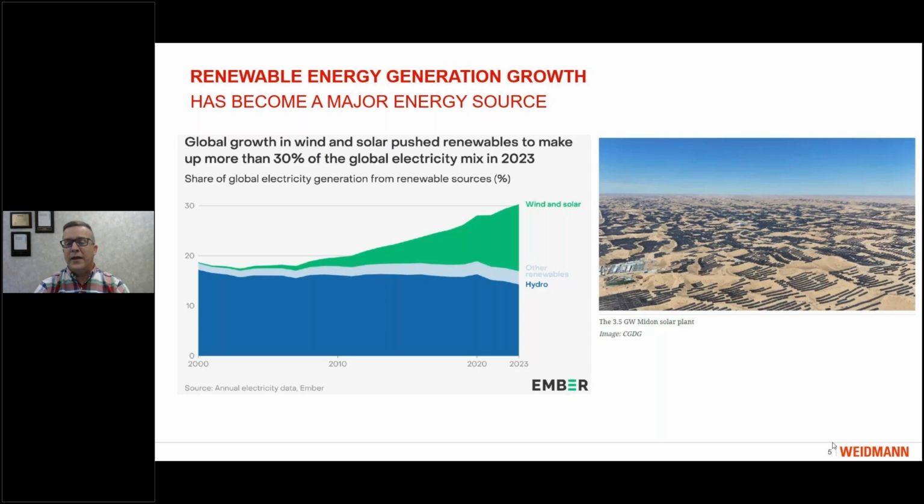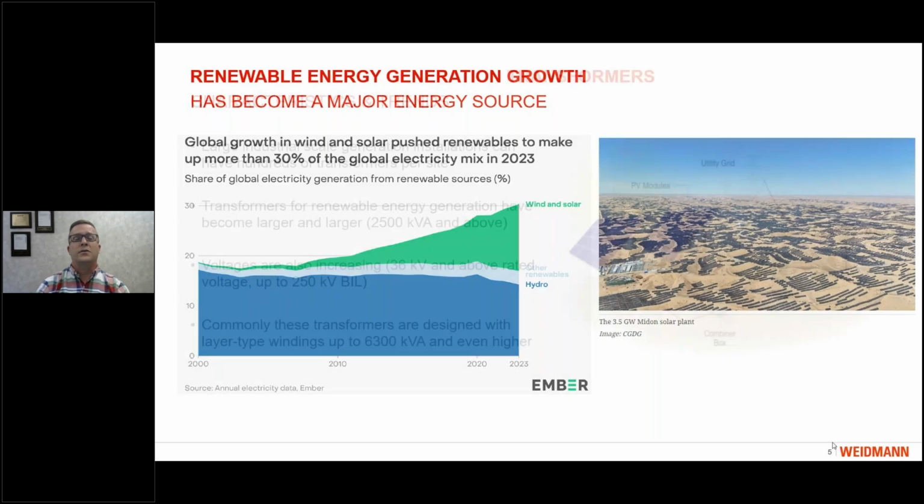And on the right, you can see a picture from a recent news release of the world's largest solar farm to date in China, which is 3.5 gigawatts. So renewable energy is, as we all know, growing and continuing to grow.